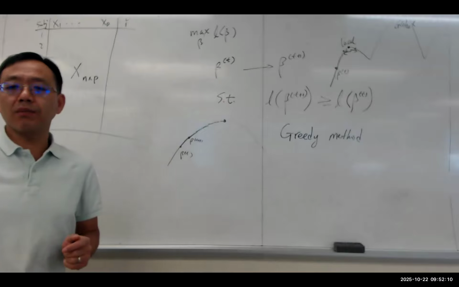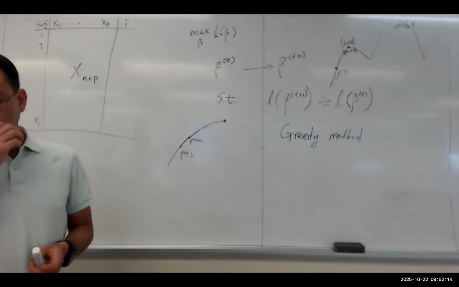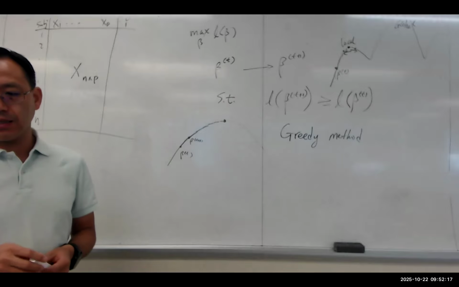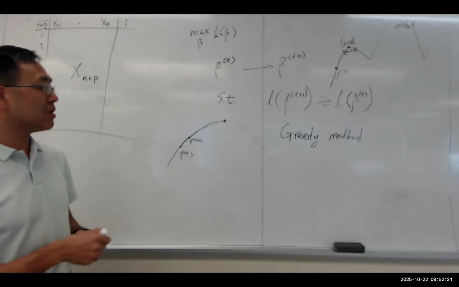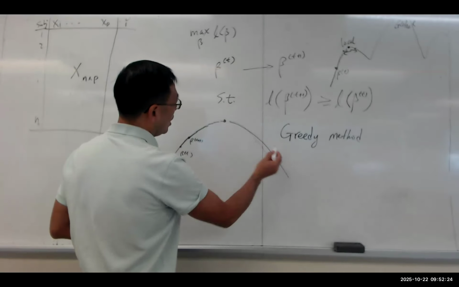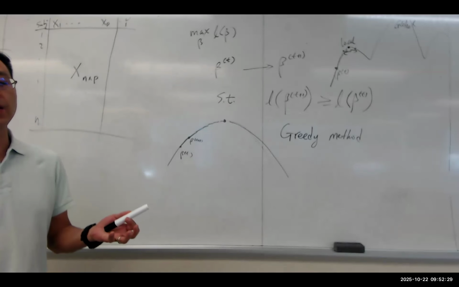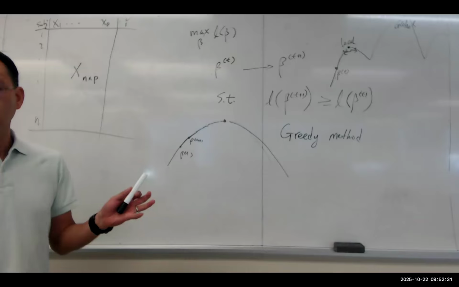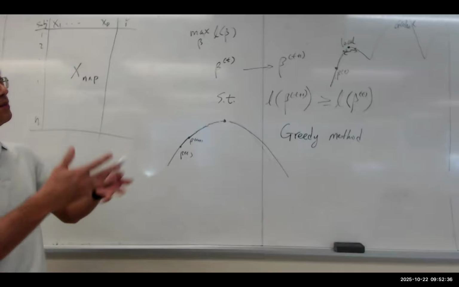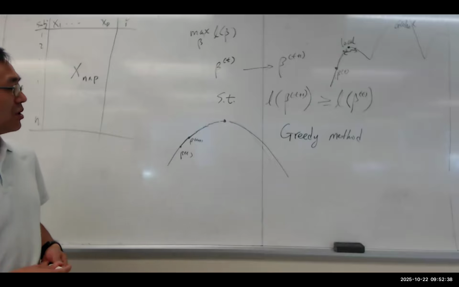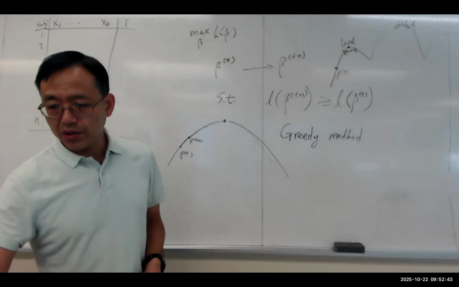So in essence, the local maximum will be the global maximum. Fortunately in statistics, a lot of modern problems have a concave function, right? A lot of the time the function is indeed concave. If it's concave, then Newton-Raphson is going to give you a local maximum that is the global maximum. So that's just one thing I want to mention.